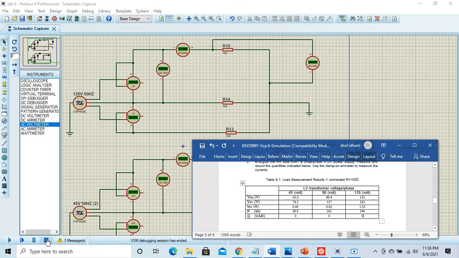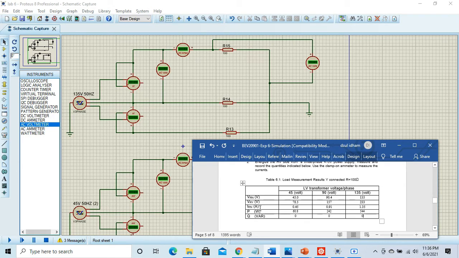Okay, this is the result. VRN is referred to the supply voltage. VRY is bigger than VRN, which is times square root 3 the source voltage, and IL is VRN divided by the total resistance, which is 100 ohms.